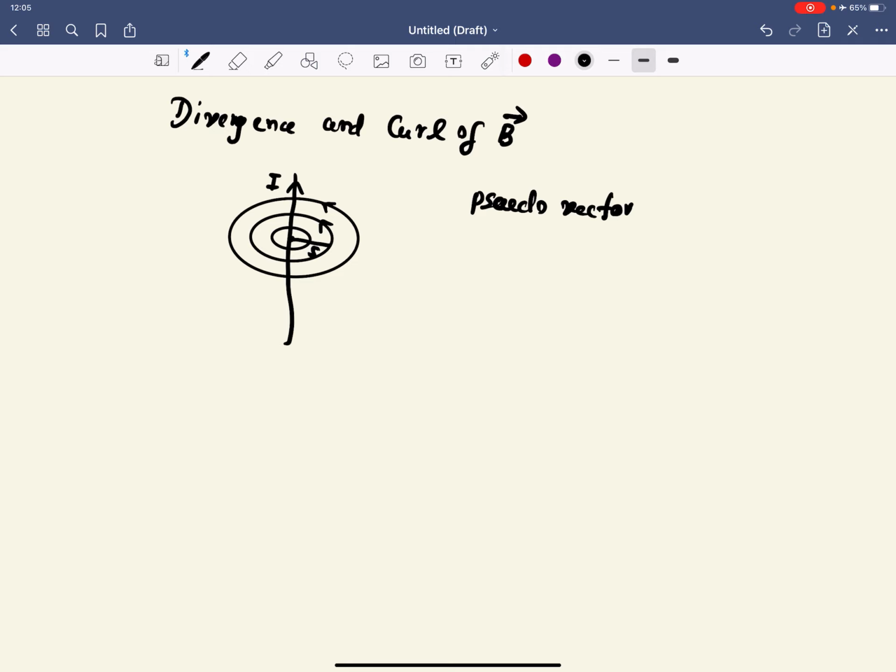And if you take a closed loop line integral of this magnetic field, B dot dl, in fact we can find the magnetic field for this configuration using the Biot-Savart law, which we will try in the interaction session. So let me write down the value of the magnetic field which you are going to get for this radius s, which is actually mu 0 I divided by 2 pi s.